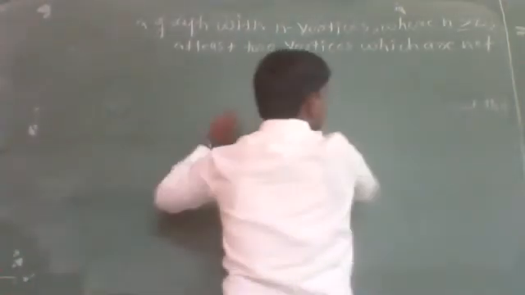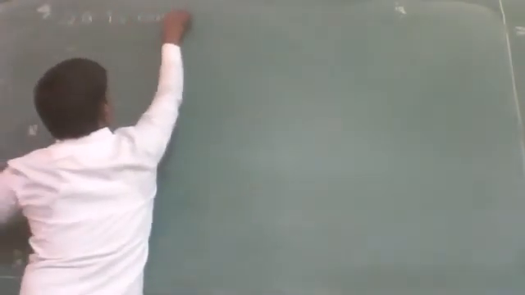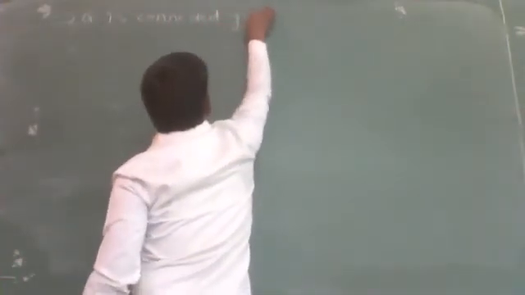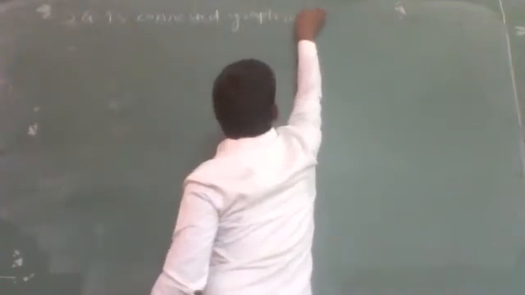We have taken G as a connected graph and n greater than or equal to 2, which implies G is a connected graph with at least 2 vertices.